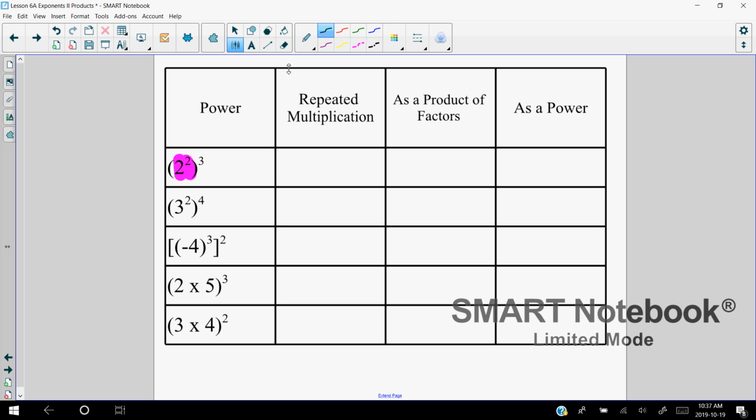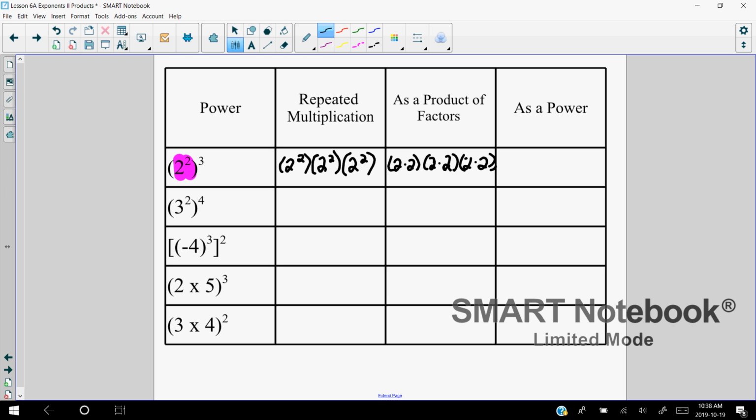Okay, so that means it's 2 to the power of 2 times 2 to the power of 2 times 2 to the power of 2. Now I'm going to take the time and write it out individually. 2 to the power of 2 means 2 times 2. 2 to the power of 2 again. And 2 to the power of 2.